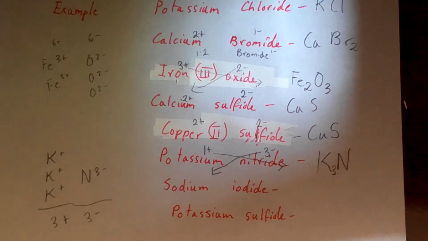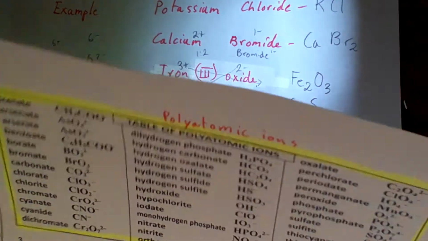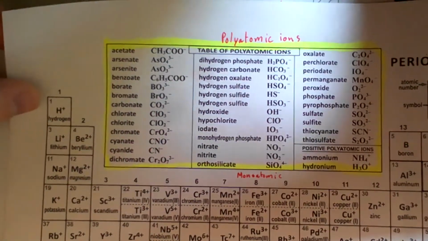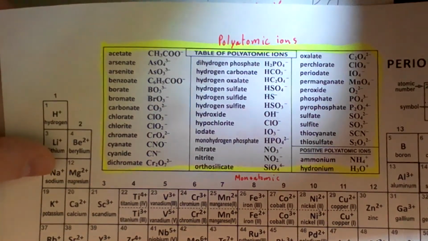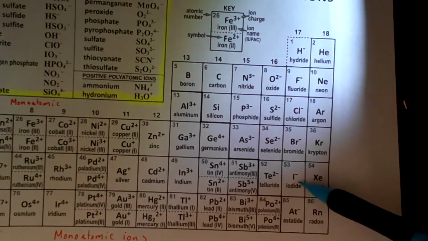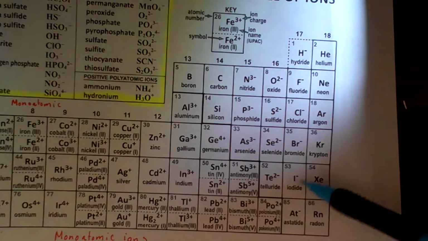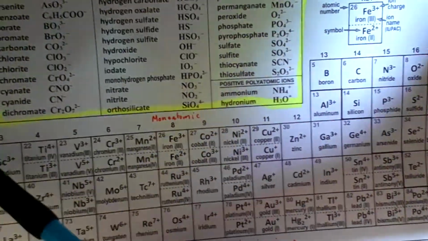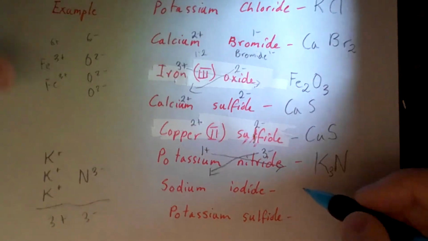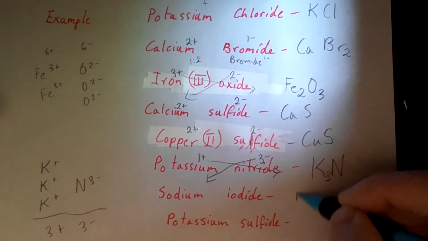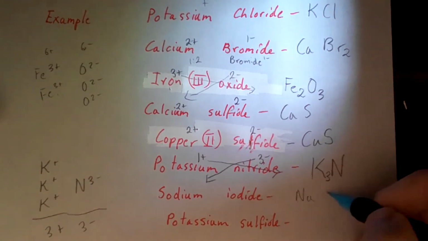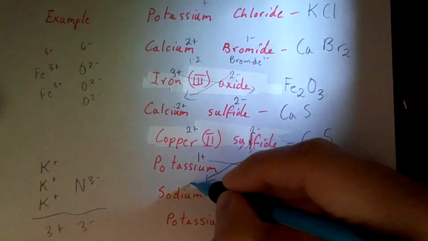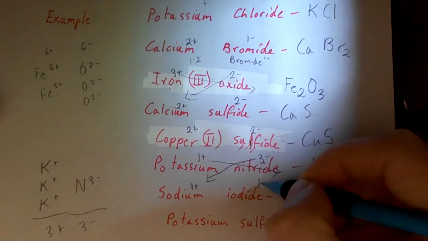Let's do sodium iodide. Sodium has a 1 positive charge, and iodide has 1 negative charge. Iodide has the symbol I, and sodium has the symbol Na. So I'm going to write the symbols first, because that's the rule. So sodium is Na, iodide is I, and sodium has a 1 plus, iodide has 1 minus.